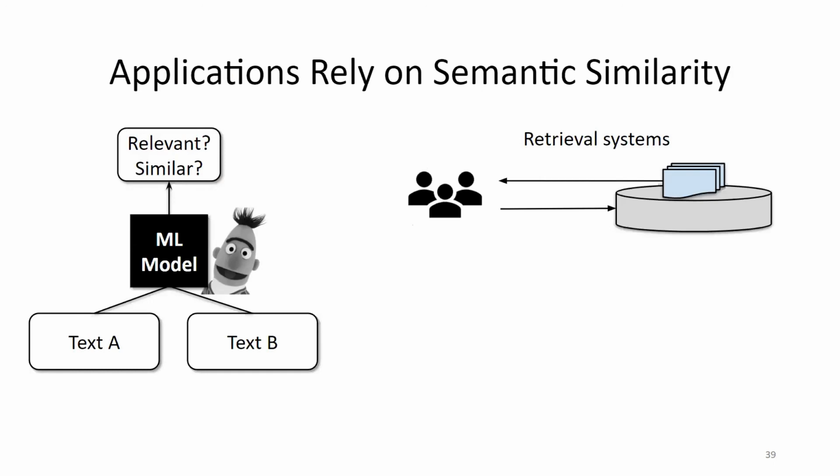For example, in retrieval systems, where the input is a user search query, we can use these models to compute a similarity score between this query and all possible candidate documents in the database, and then rank these documents based on the similarity scores, and finally return users the most relevant documents.